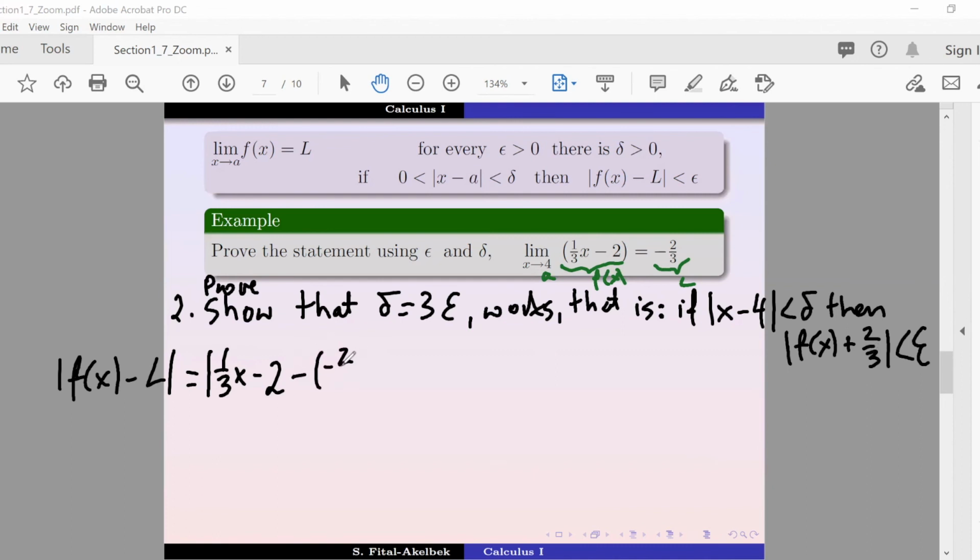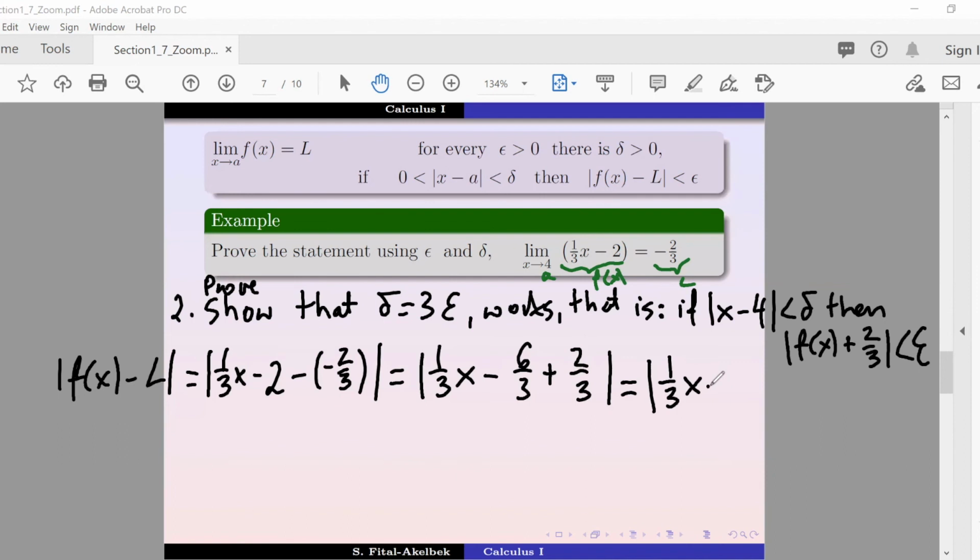This equals the absolute value of 1/3 x minus, change this to thirds. So 1 is 3/3, 2 is 6/3, plus 2/3. Or you can find a common denominator as before. So we have the absolute value of 1/3 x minus 4/3.